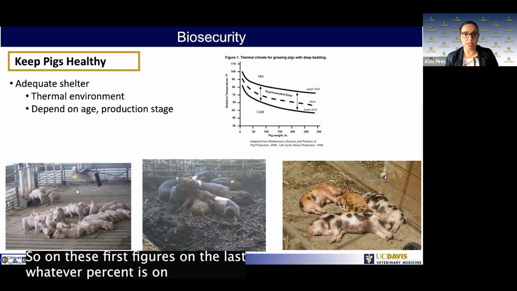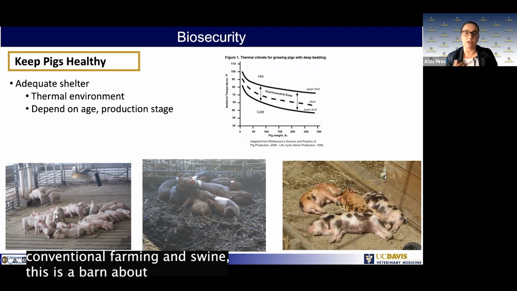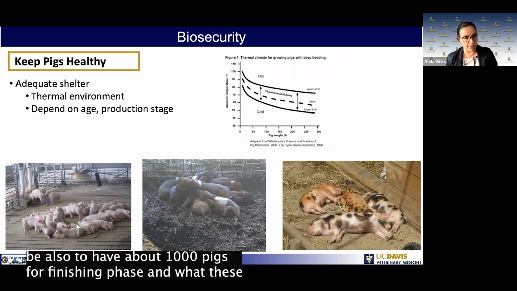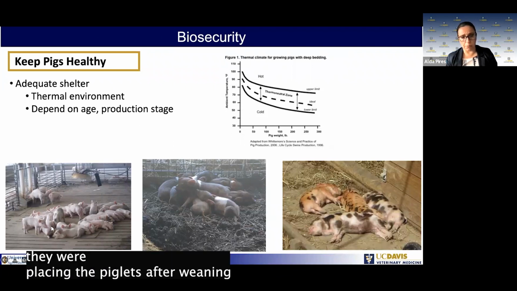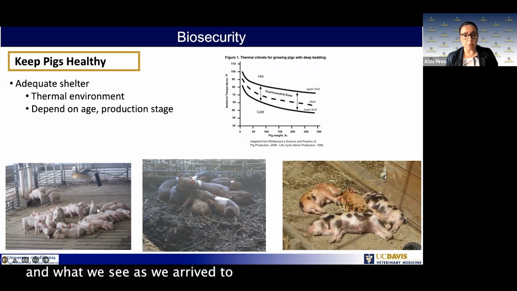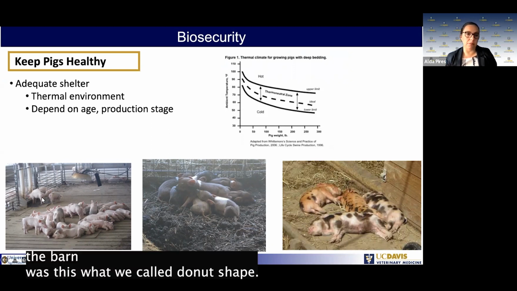On this first figure on the left, what I've represented is conventional farming in swine. This is a barn built to have about 1,000 pigs for the finishing phase, and the owners were placing the piglets after weaning. As we arrived at the barn, we saw what we call a donut shape.